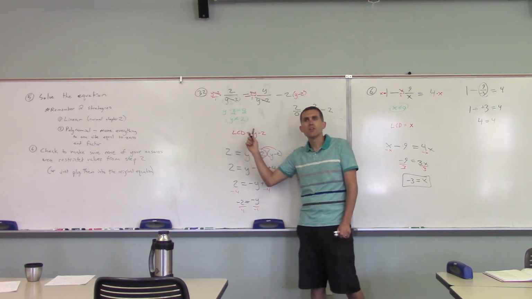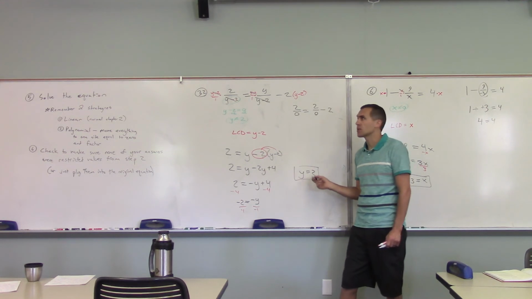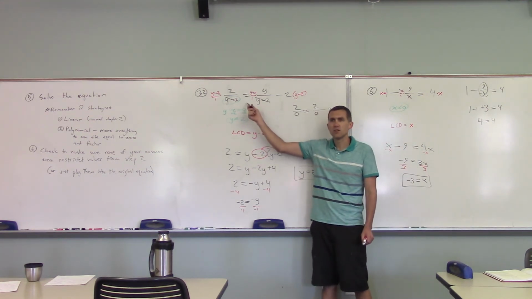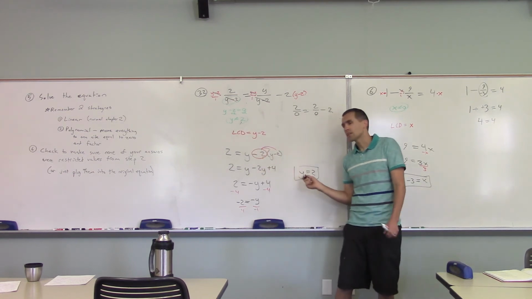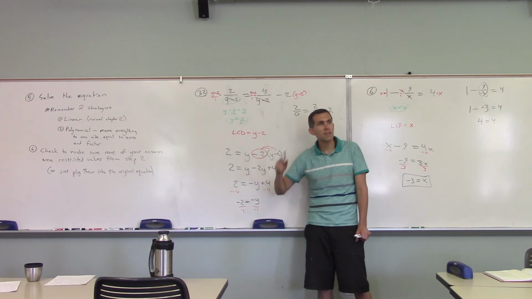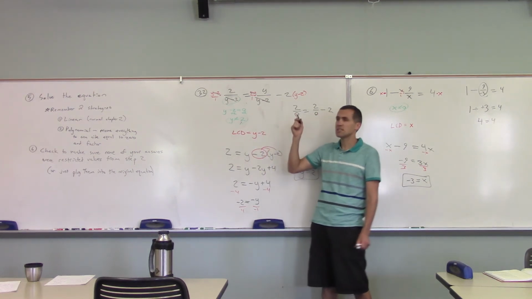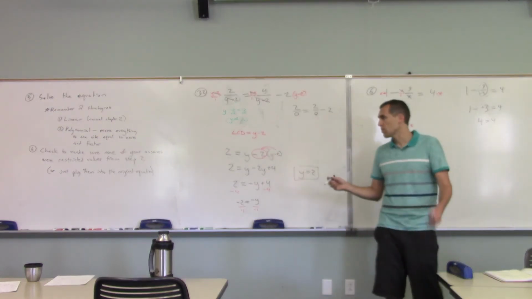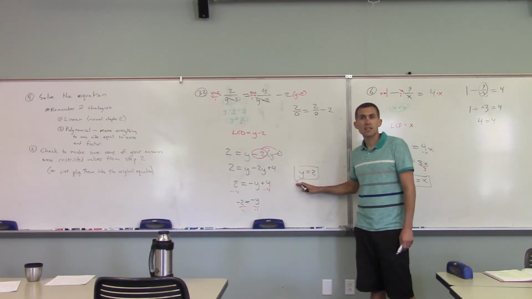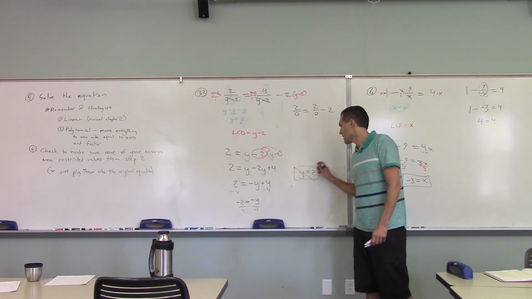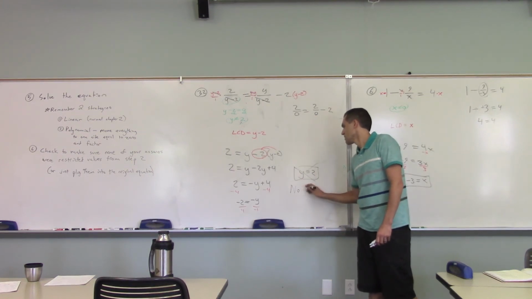But be aware that you should, for sure, plug your answer back into the original, because most people will forget this step. If you get divided by 0, it's not an answer. So what would be the answer here? No solution. You got one answer, and it's not a real answer, so you write, there is no solution.